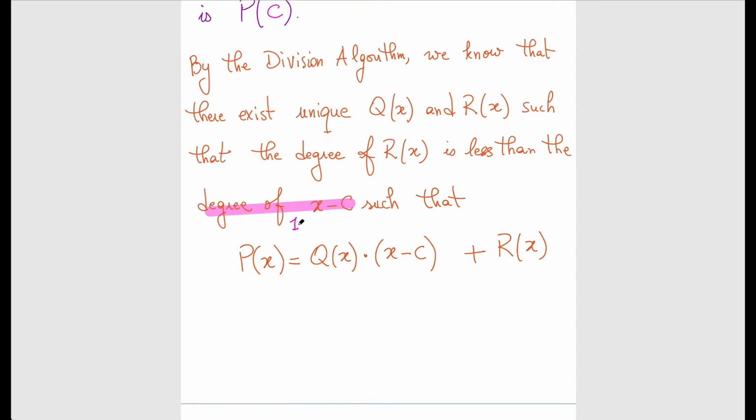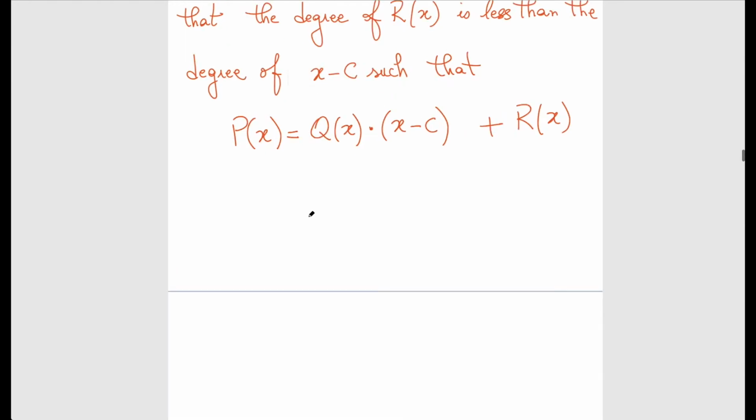So the degree of r of x must be smaller than 1. So what are you left with then? The degree of r of x must be greater than or equal to 0 and less than 1, and the degree is always an integer. So you're left with the degree being 0.